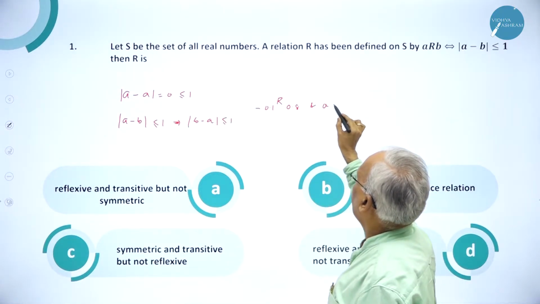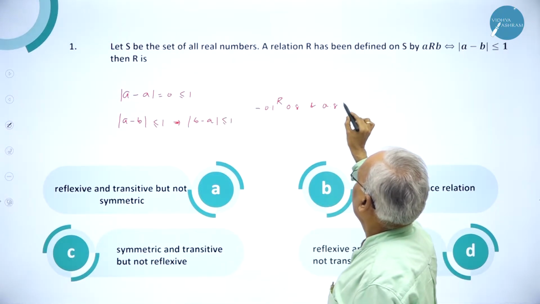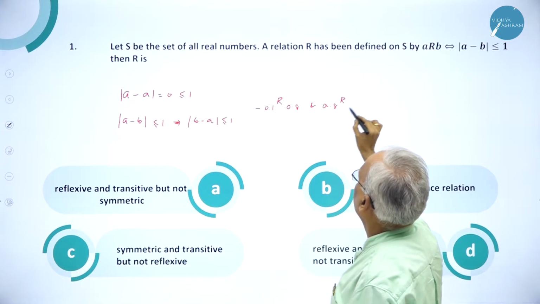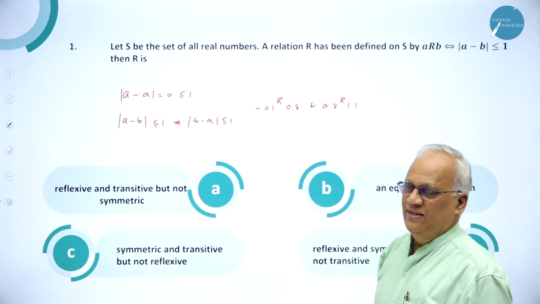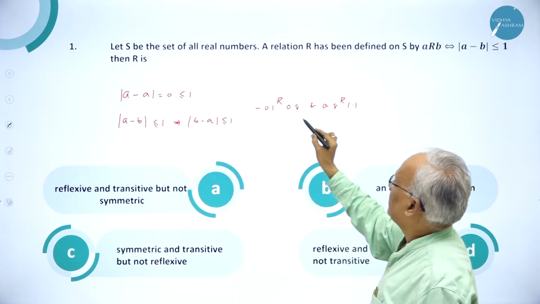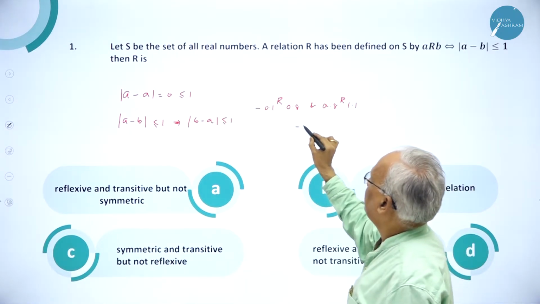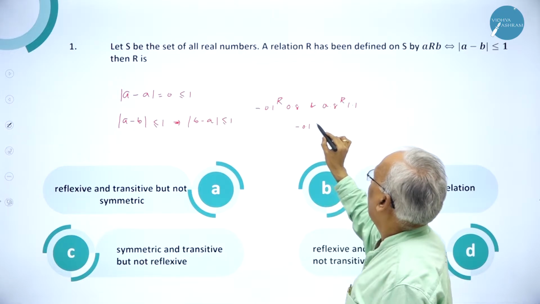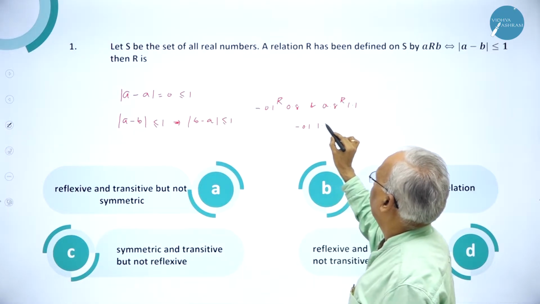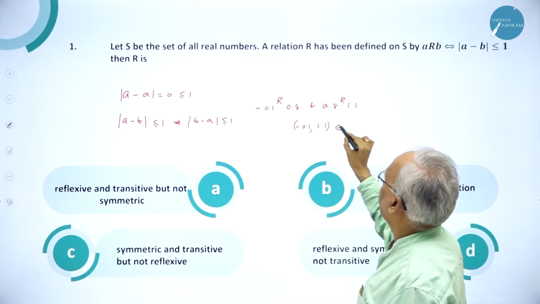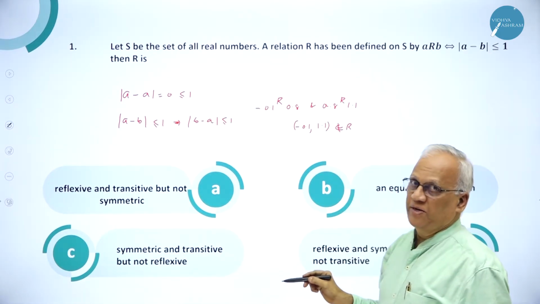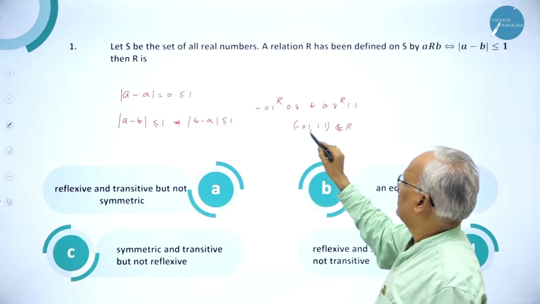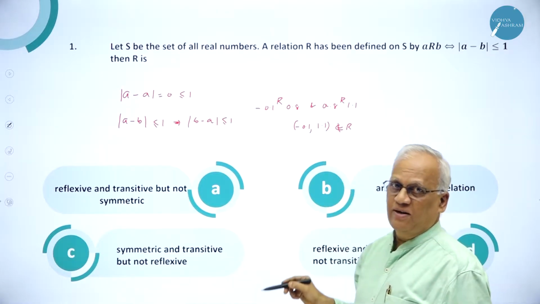And 0.8 is related to 1.1 because 1.1 minus 0.8 is 0.3. That is also true. But you can see minus 0.1 and 1.1 is not a member of R. That is, minus 0.1 is not related to 1.1 because the difference is 1.2, which is not less than or equal to 1.